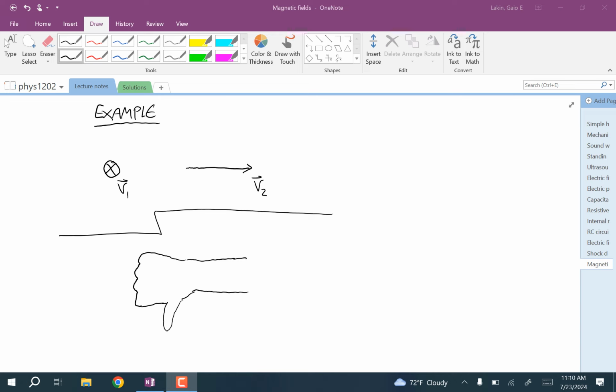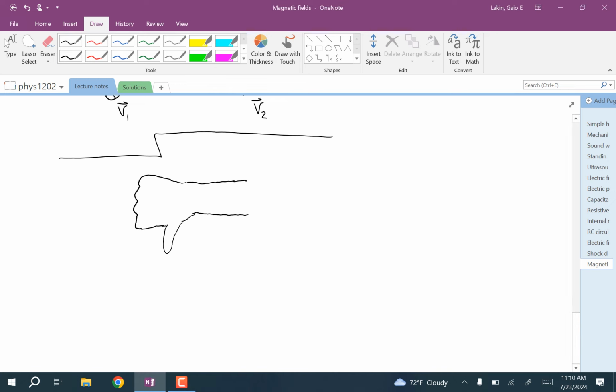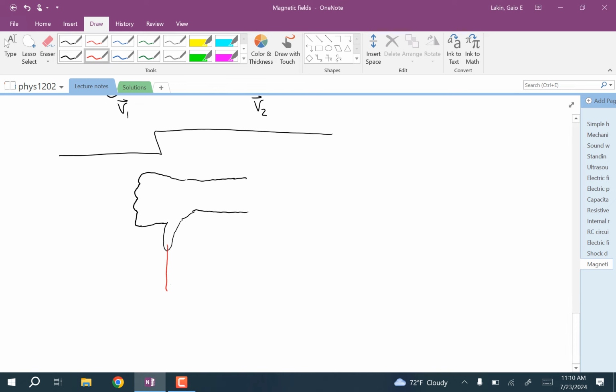In order to do that, your thumb has to be down, and so the output of the right-hand rule here is in what ends up being the negative y direction.